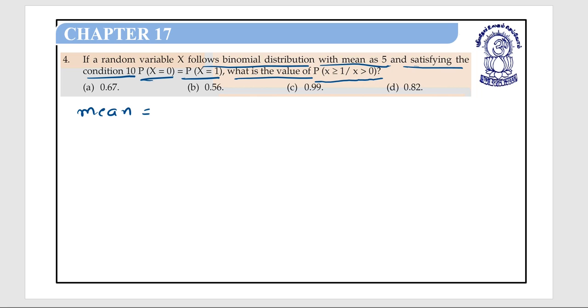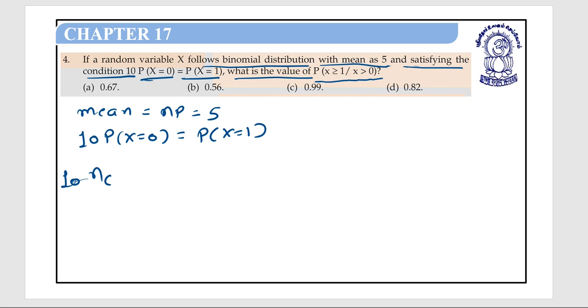Here mean is equal to np is equal to 5. Ten p of x is equal to 0 is equal to p of x is equal to 1.